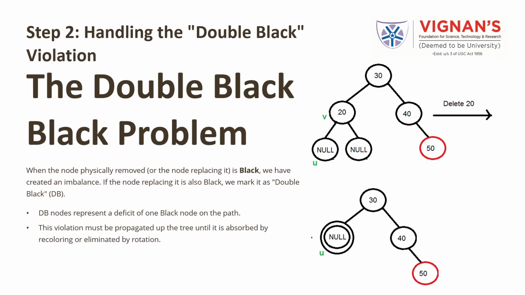The double black violation cannot remain at the same position. It must be pushed upward toward the root until it is resolved using recoloring or rotations. The goal of the fix-up process in the next step is to eliminate the double black status completely and restore all red-black tree properties.